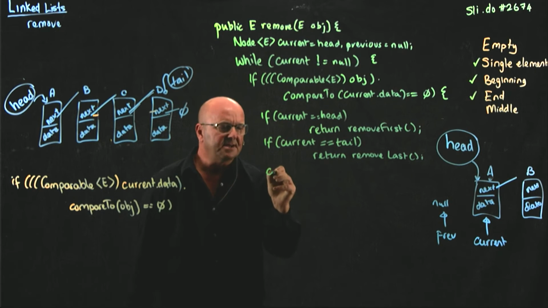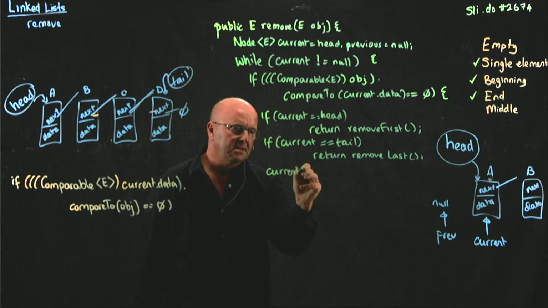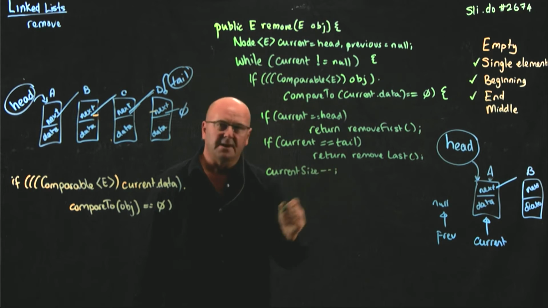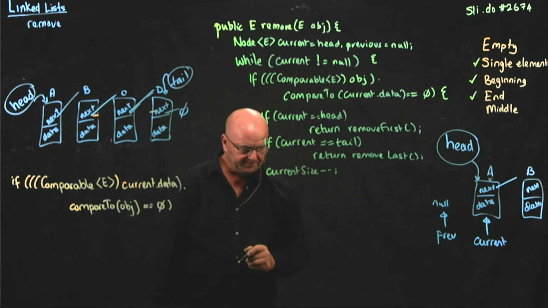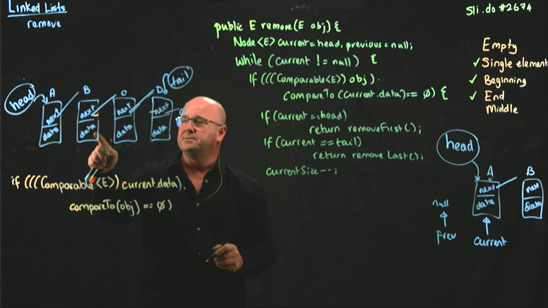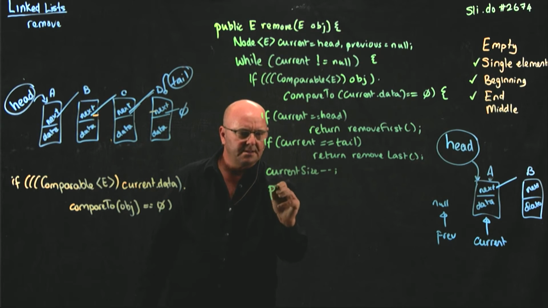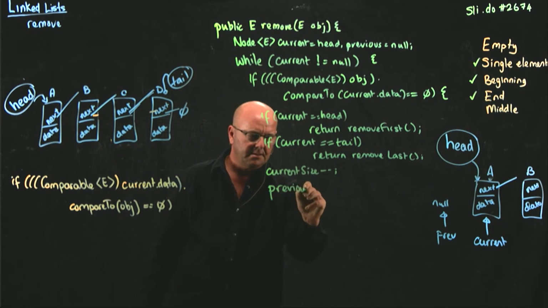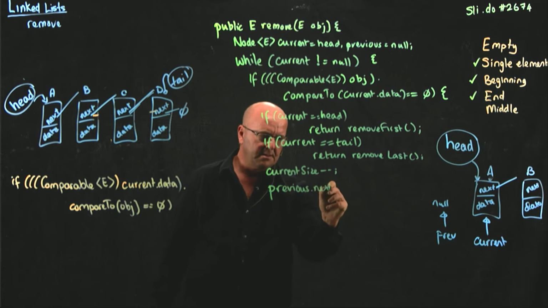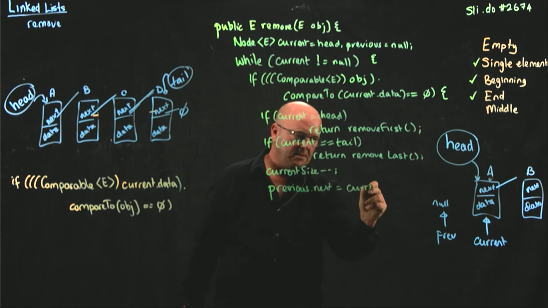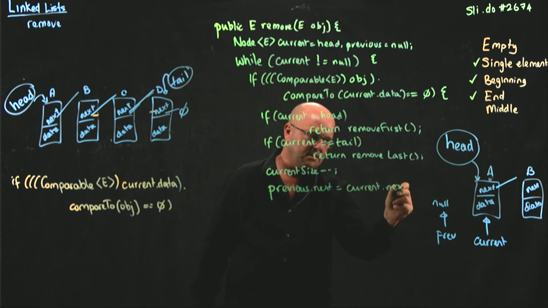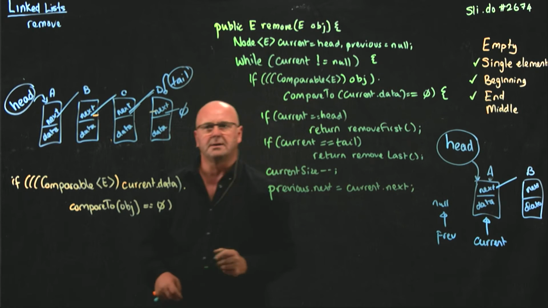So now we can set current size to 1 less than it is. Now we can do previous.next is equal to current.next. Okay.